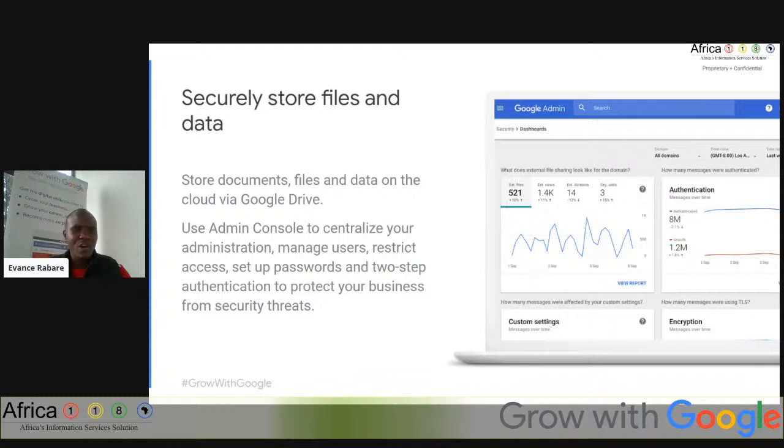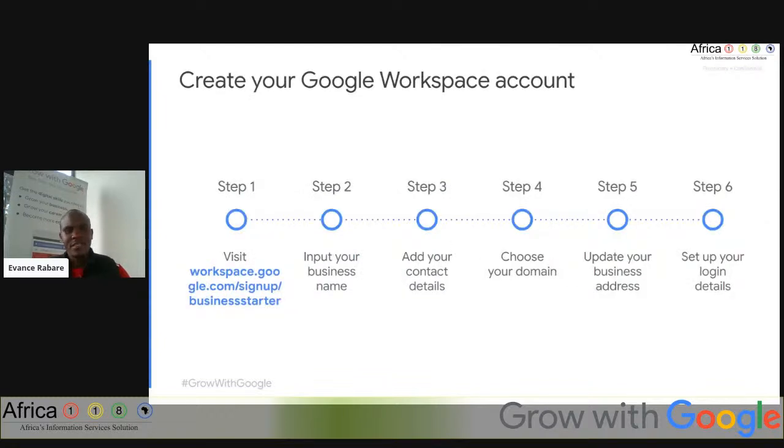So now let us look at how you can create your Google Workspace account. First, you need to visit Google Workspace, the workspace.google.com sign up center starter pack. You need to visit that.